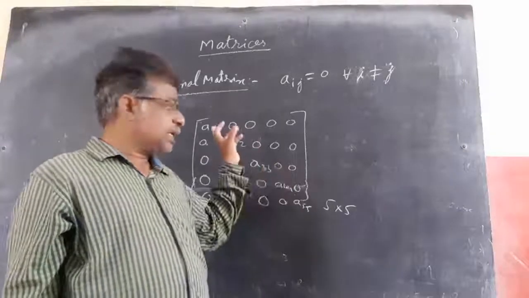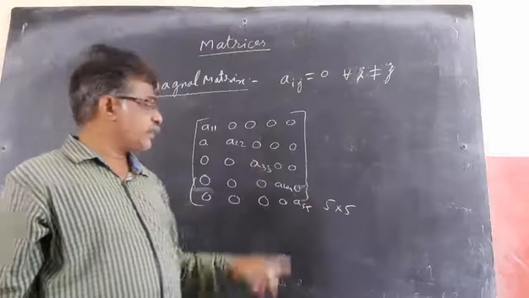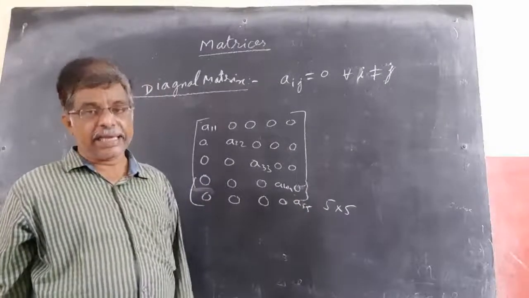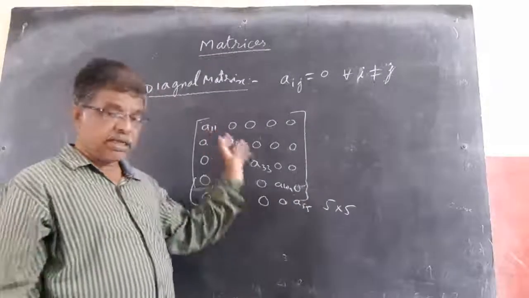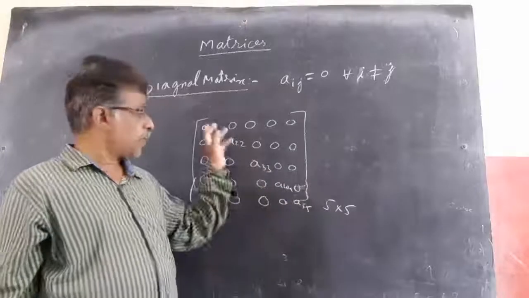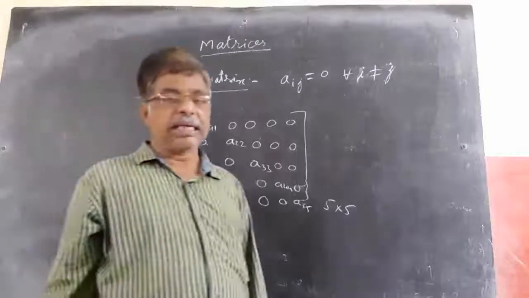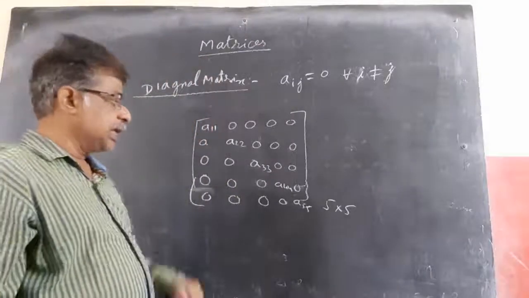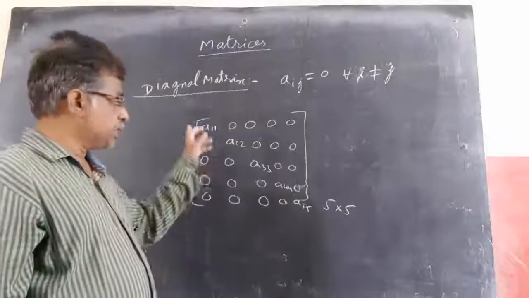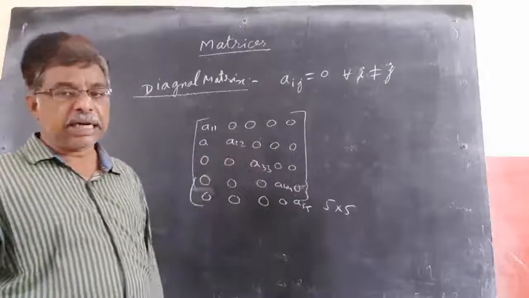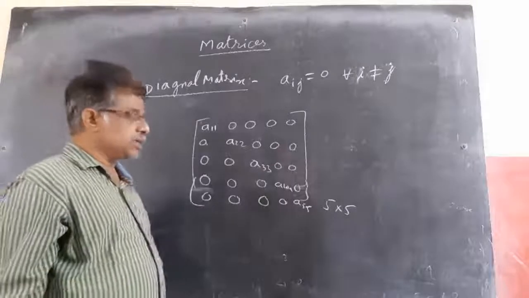All the elements Aii, where i equals j, are the diagonal elements and the remaining are zeros.